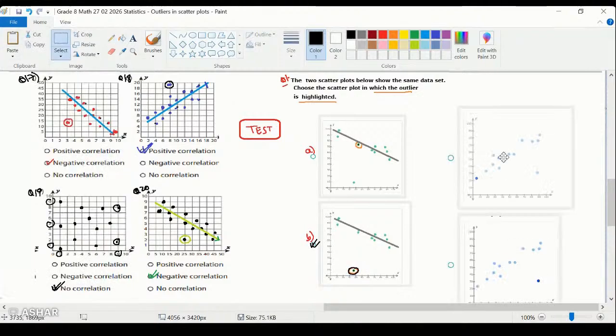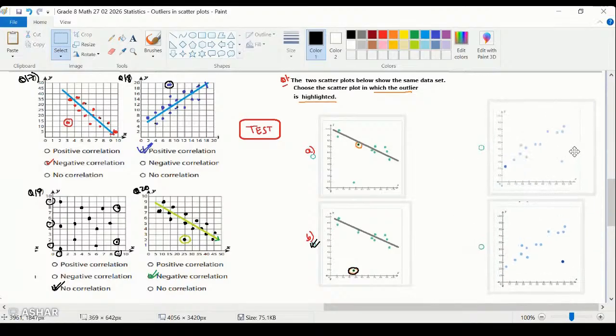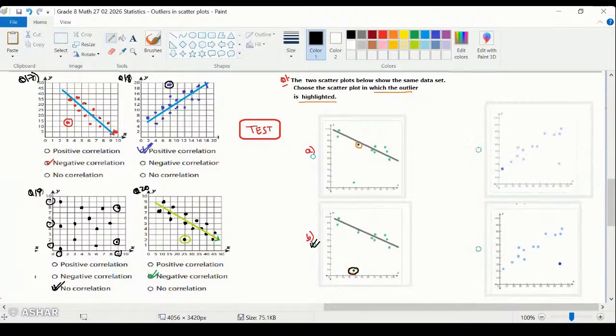Let's have a look at another example. Question number 2, with the same statement. So which one would be for question number 2? Option A or option B? In this case, this is given as an outlier or this is given as an outlier.